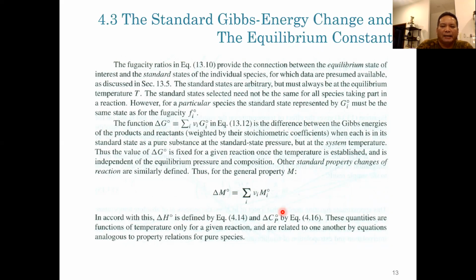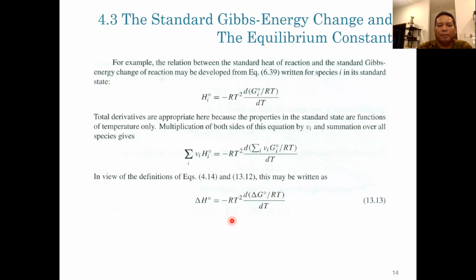We can apply this to the previous equations, for example enthalpy at standard condition. Notice the standard condition and species i. We apply this equation, multiply with the stoichiometric coefficients, and in the definitions we can see that.